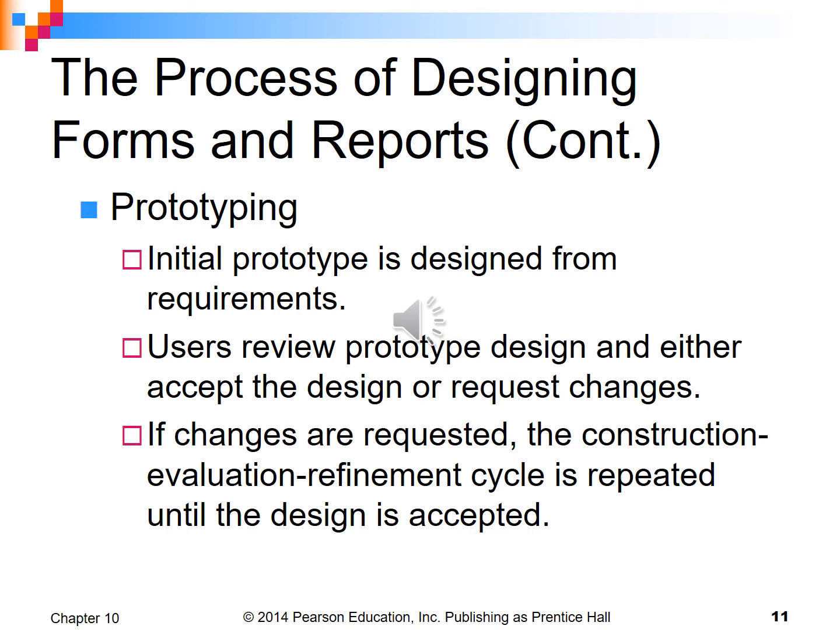If changes are requested, the construction, evaluation, refinement cycle is repeated. We construct it, we evaluate it, and if there are any changes suggested by the customer, we refine it, and then again construct, evaluate, and refine, until we get to the final version, which is accepted by both them and us.